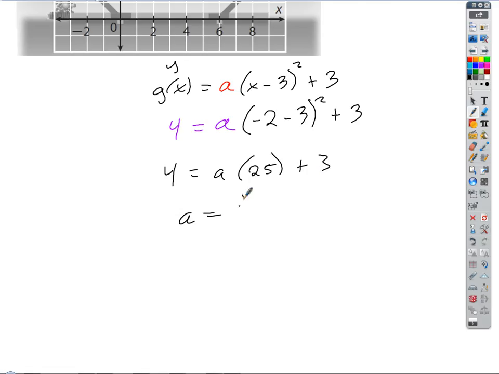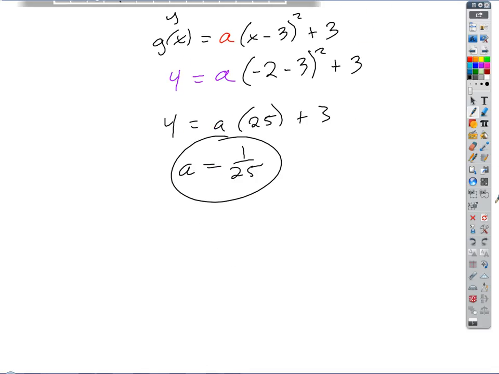So a equals 1/25, right? If I subtract 3, I get 1, divided by 25. So then my final version of this function is just g of x equals 1/25 the quantity x minus 3 squared plus 3.